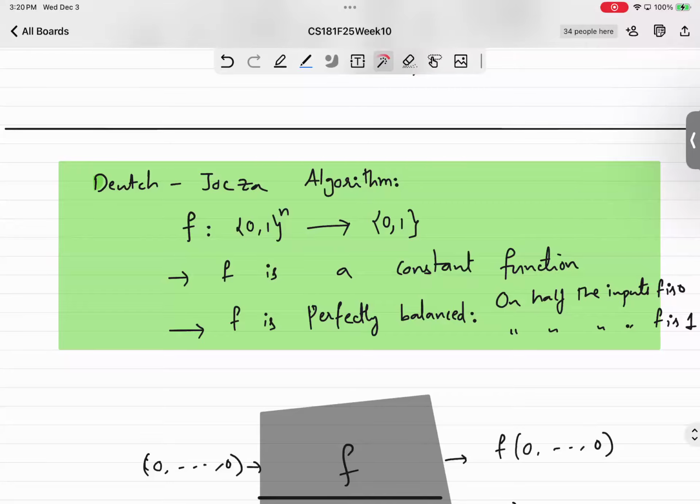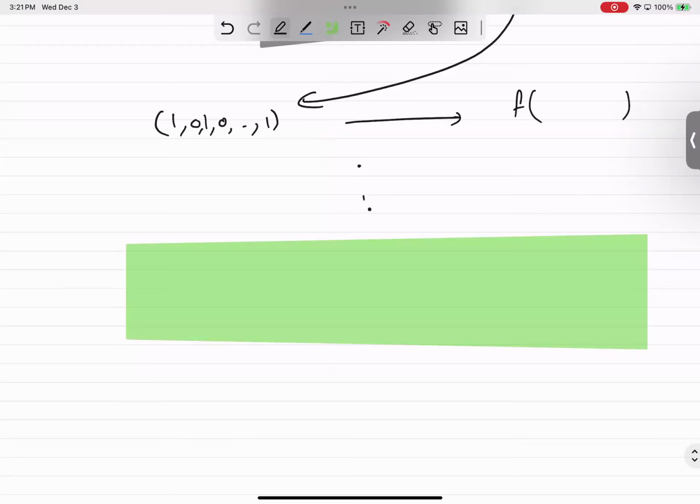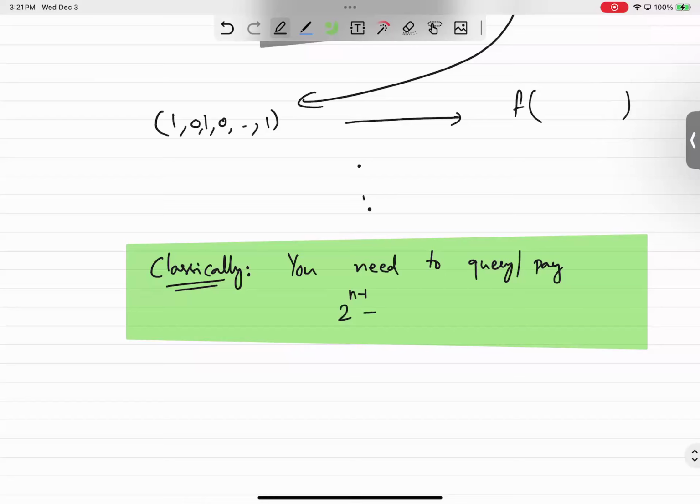Pretty much until I query half of the inputs, I don't know which case I'm in. All of those could be 0. That doesn't mean the function is constant or balanced. Until I query more than half, I don't know the answer. In fact, you can prove this classically. You need to query, or pay, 2 to the n minus 1, plus 1.